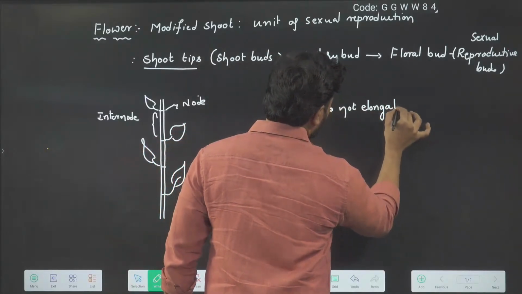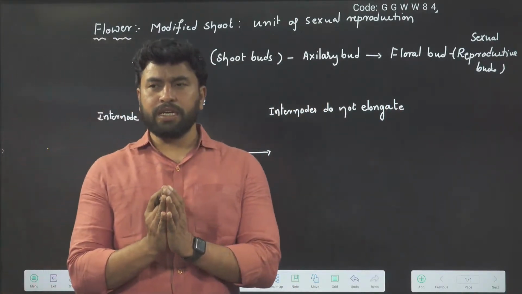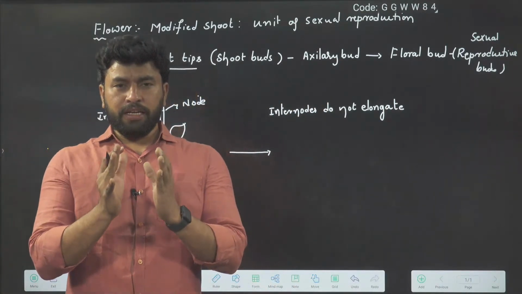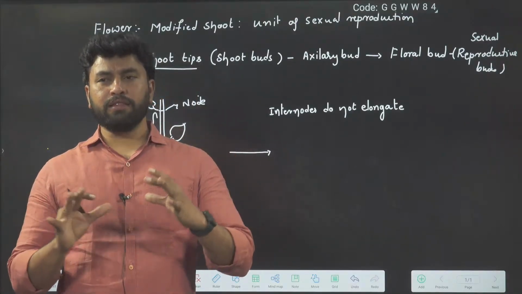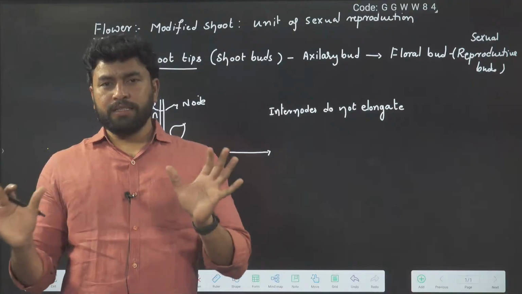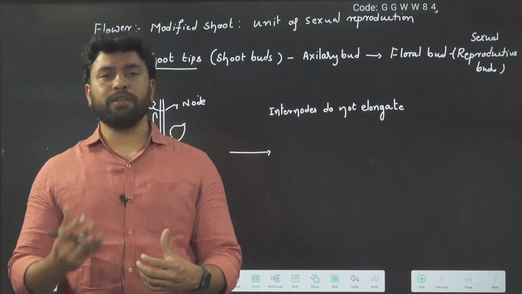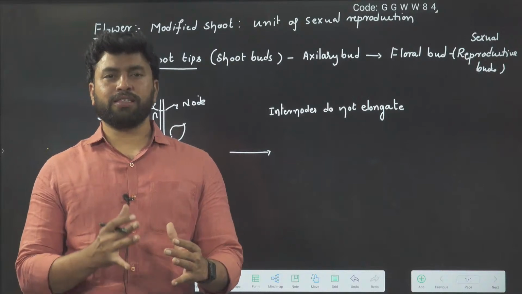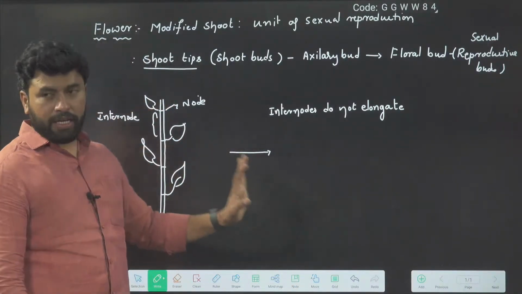Stop the internodes from elongating. What happens if internodes elongate? If internodes elongate, there is an increase in the length of the stem. Stem length we don't want to increase, because we want to convert the shoot or stem into a flower. First, internodes do not elongate.